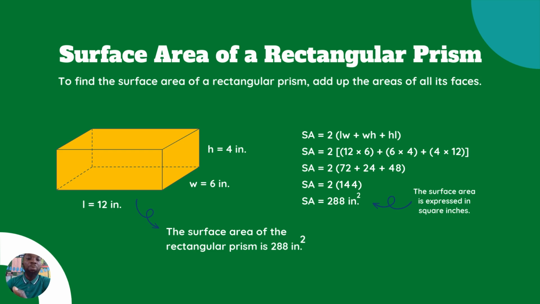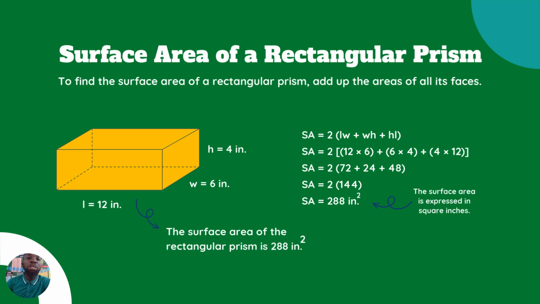The rectangular prism has a height of 4 inches, while the width, that is the breadth, is 6 inches, while the length is 12 inches. So the formula to find the surface area is 2 times the bracket LW plus WH plus HL, that is length times width plus width times height plus height times length.